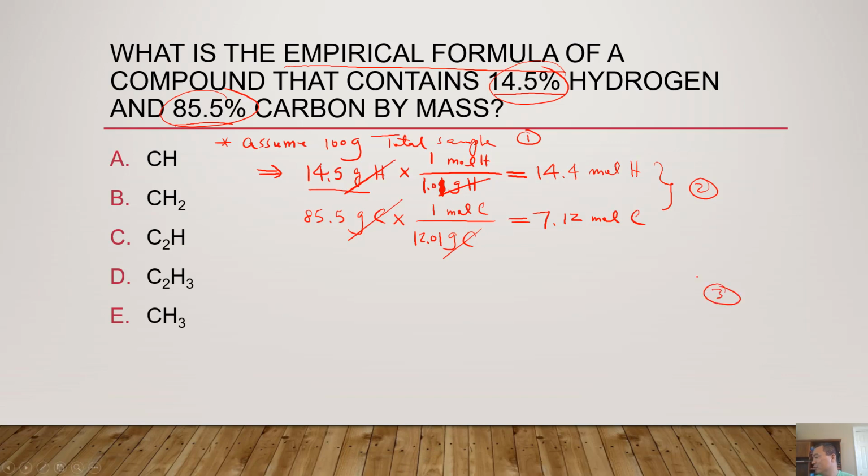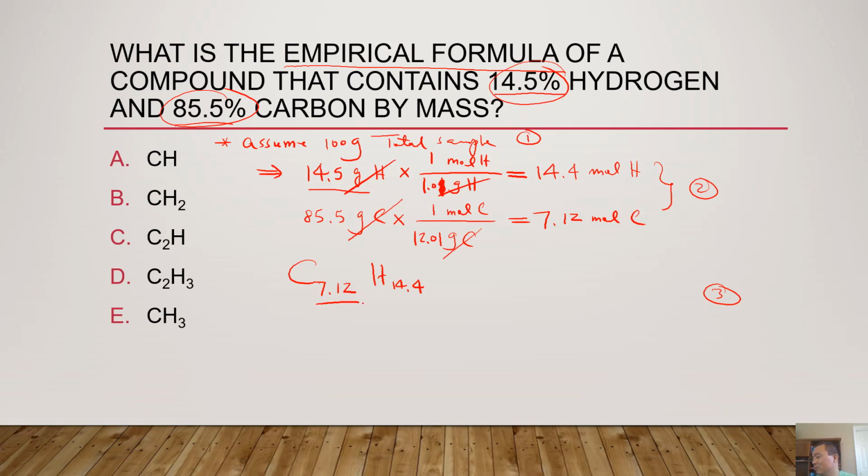Now what is the third step? The third step is to convert the pseudo formula to the empirical formula by dividing the whole formula by the smallest subscript. So what is the pseudo formula? You have carbon at 7.12 mole and hydrogen at 14.4.